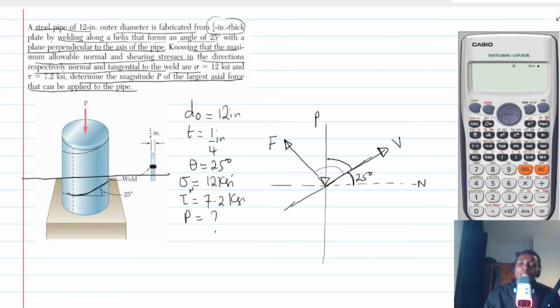Therefore, if this is normal to this, then we expect that the angle here must be 75 because I have 25 here, so here must be 75. However, F and then V are perpendicular, therefore this angle must be what? Adding up to 90, which means over here too is going to be 25.